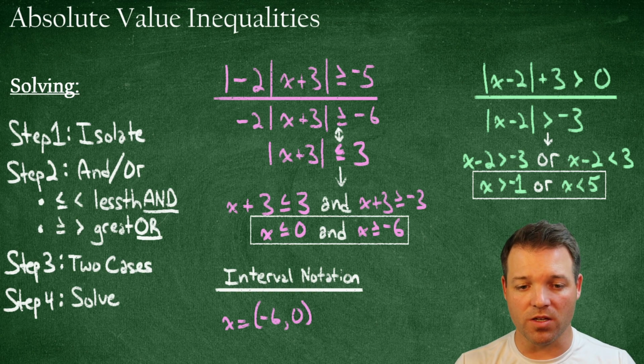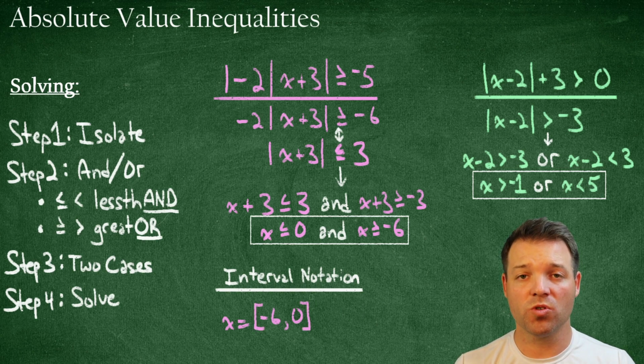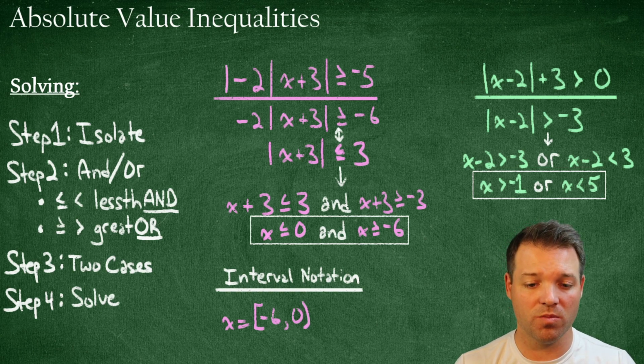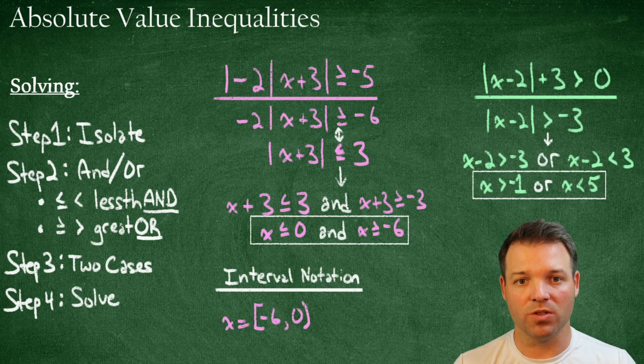In this case, though, we're using less than or equal to and greater than or equal to signs, so these need to be box brackets. And by the way, sometimes you could have a situation where one of these is a box bracket, meaning it should be included, like this -6, and the 0 maybe not included, so it would be a parenthesis. But in this case, they are both included. All right, there we go.